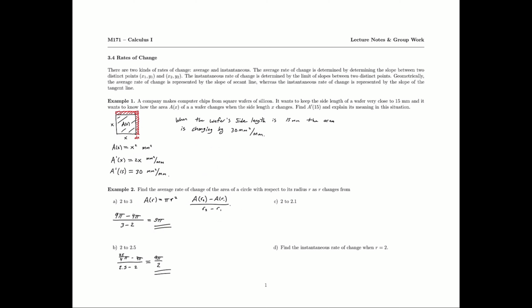So let's go to part C, where we have 2 to 2.1. So 2.1 as a fraction would be 21 tenths.